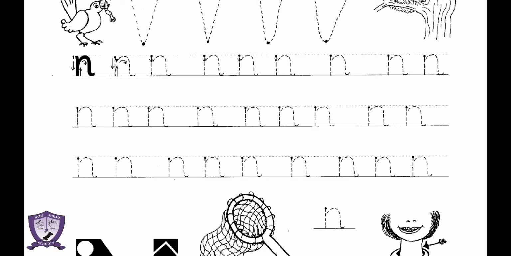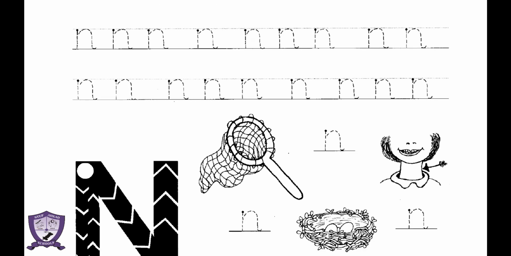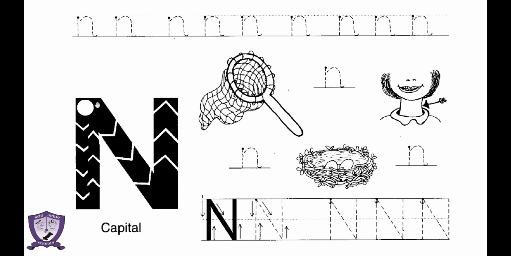Next thing that you have to do is capital N. Capital N. Again, you can see this white dot. You have to start from here. Make a line starting from here downwards, like this. And then again from that white dot, go downwards diagonally and then upwards.